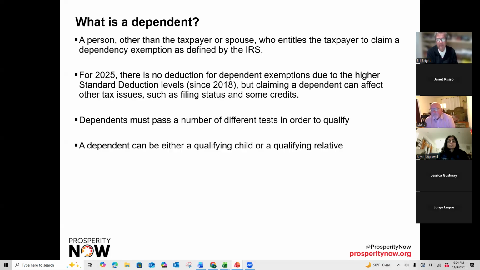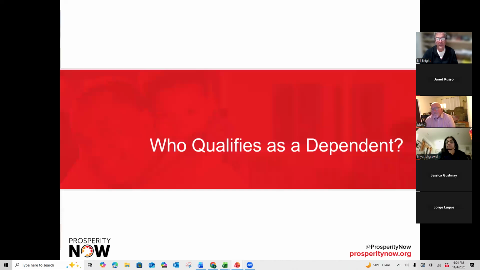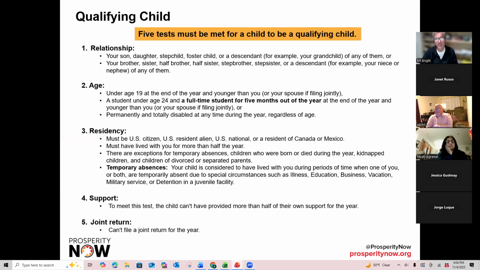Again, they must pass a number of different tests in order to qualify, and a dependent can be either a qualifying child or a qualifying relative. So who qualifies? First one is the qualifying child, which is generally the one that we see. There are 5 tests.